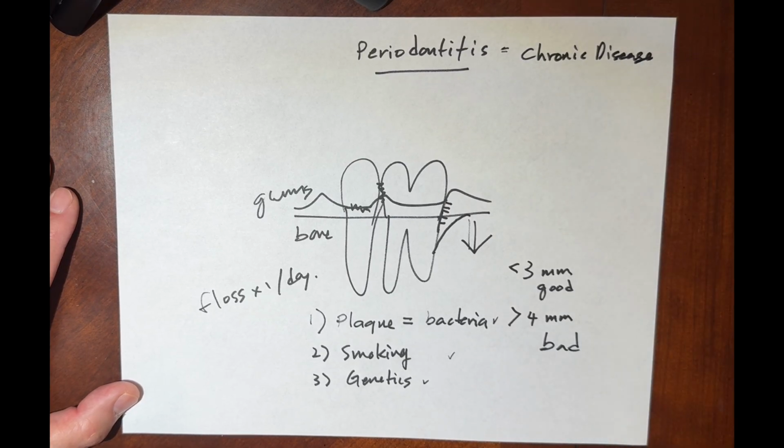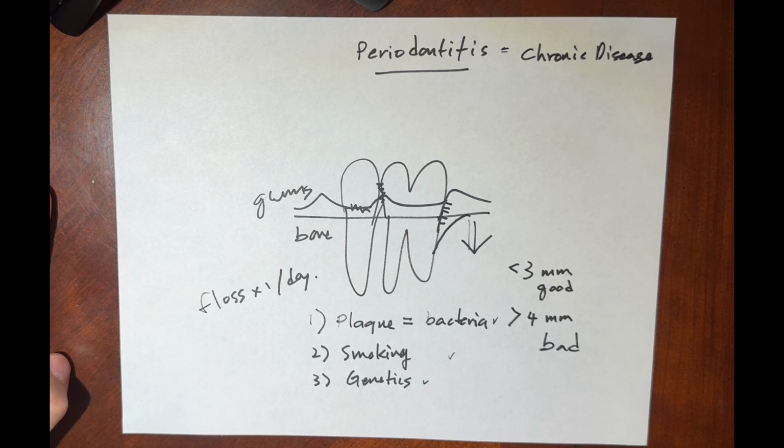Chronic meaning that it is a slow, ongoing process. And the amount of bone loss that you have currently, it didn't happen overnight. It's been going on for a while. And because it is a chronic disease, okay, it's such a slow process, you don't even feel that there's anything that's been wrong with your gums and your teeth.